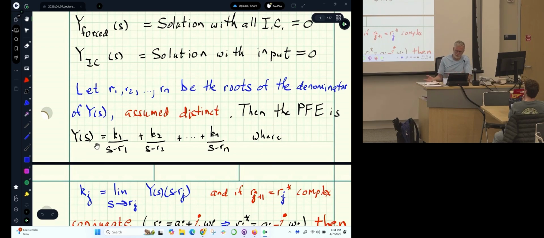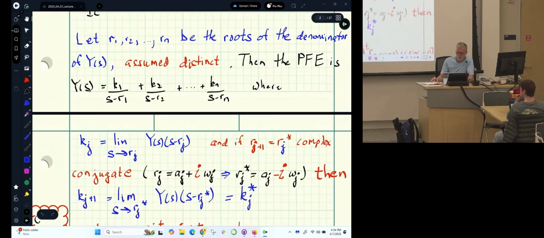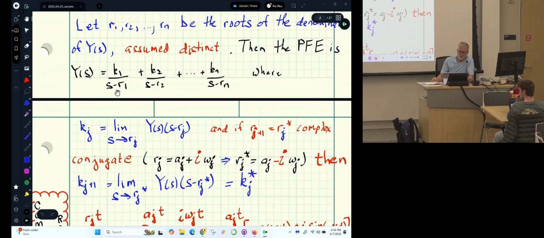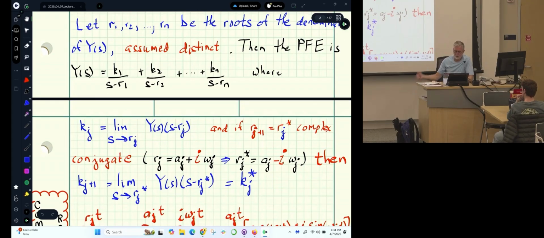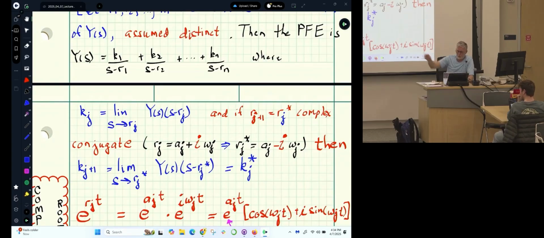It's not so much that we can invert those and get the time domain functions, it's that we can just look at the roots when they are distinct, and then we know that this goes to e to the r1 t times a unit step and e to the r2 t times a unit step. And there, exponentials, whether they're real or complex, we understand when they are decaying or when they are blowing up.